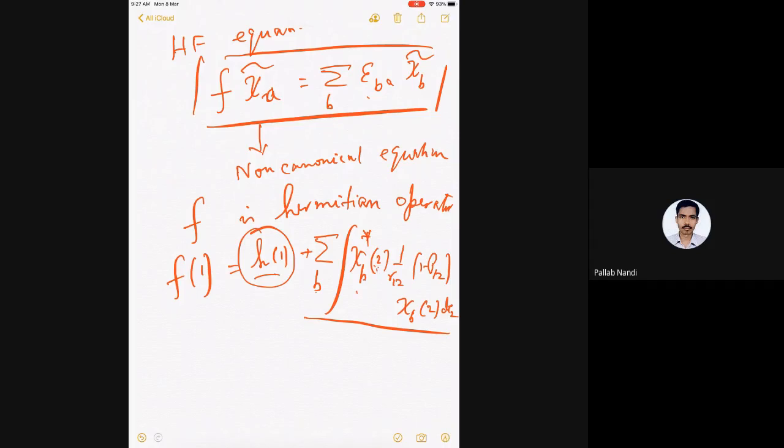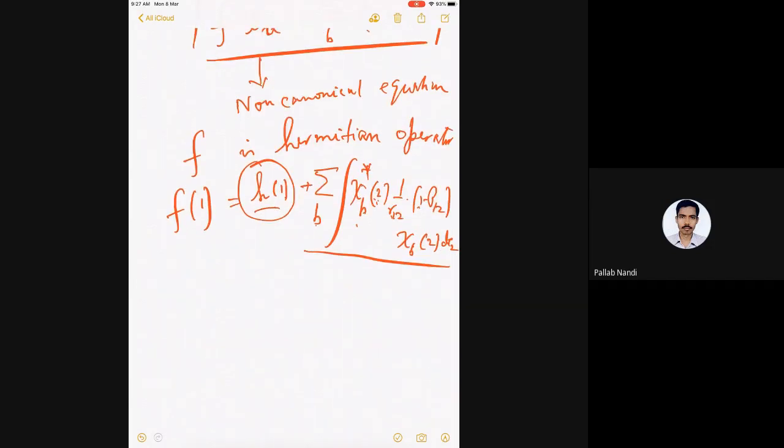And then I take the average effects of the rest of the electrons on electron 1. At least the first part is very easy to understand. The second part is basically the first part with an exchange effect. So that is the interpretation of the Fock operator: an average of all the interactions on electron 1.